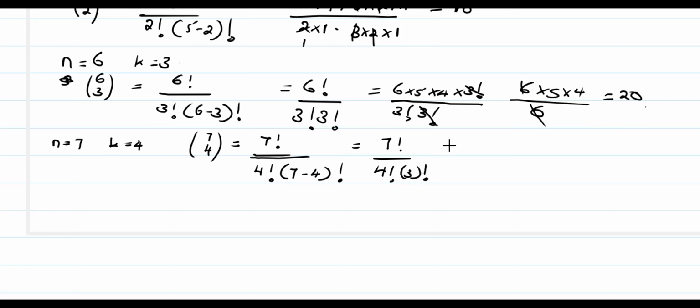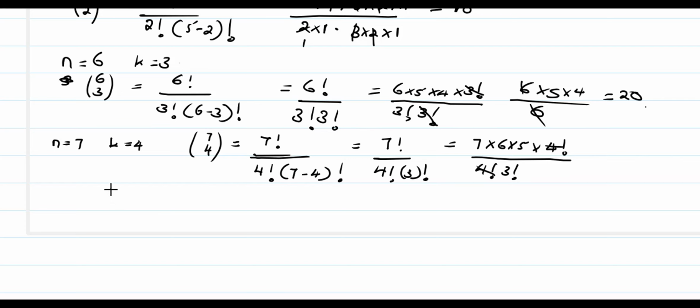So I can write this as 7 by 6 by 5 by 4 factorial, because I also have a 4 factorial here, so that I can cancel this 4 factorial with that one. So divided by 4 factorial times 3 factorial, I cancel this one with this one, and I remain with 3 factorial.